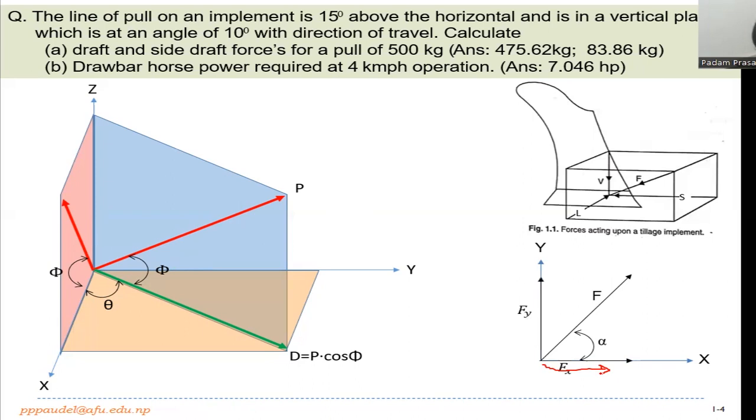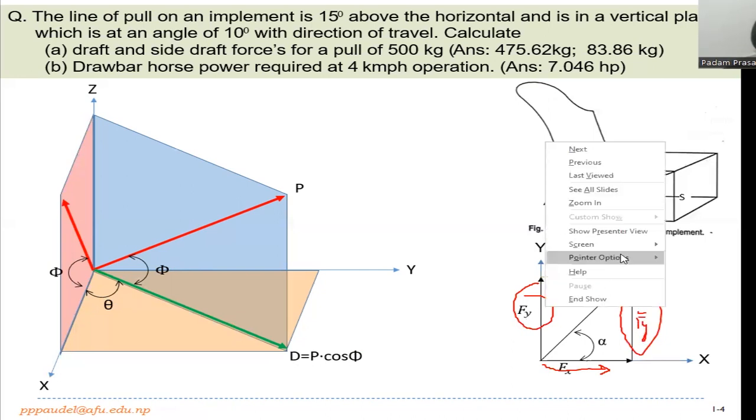We have to find Fx and Fy here. We can complete a triangle by parallel transferring Fy from there to there, making a complete triangle here. This is the Fy.